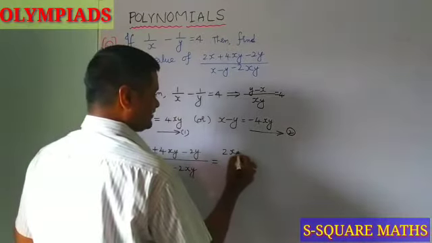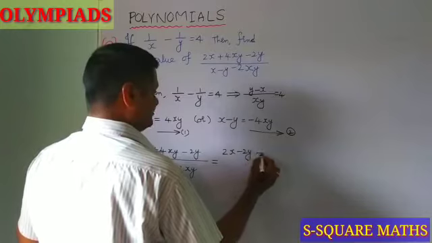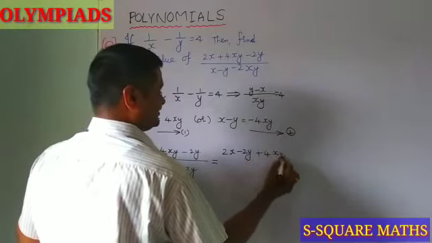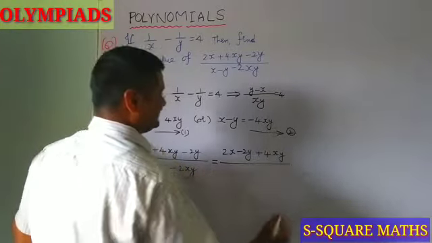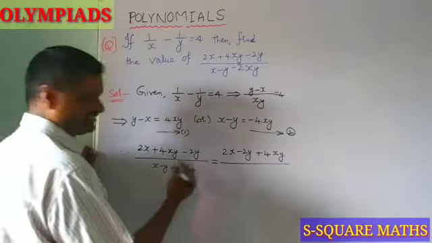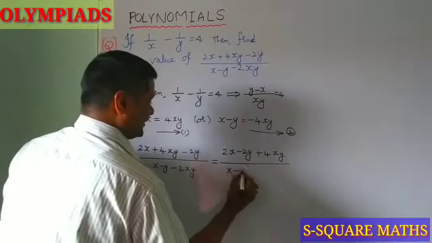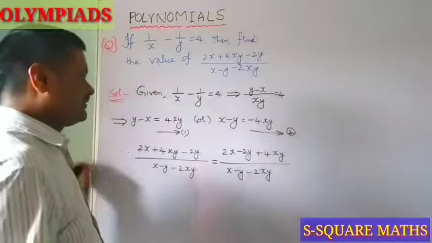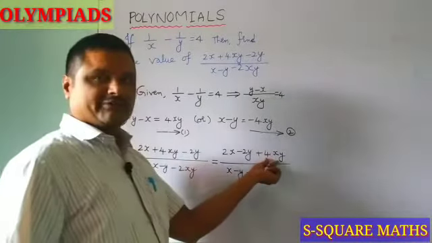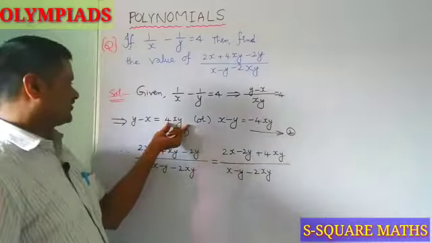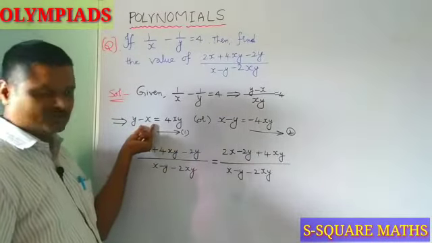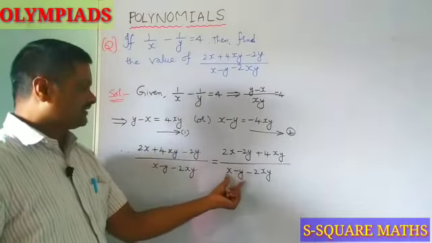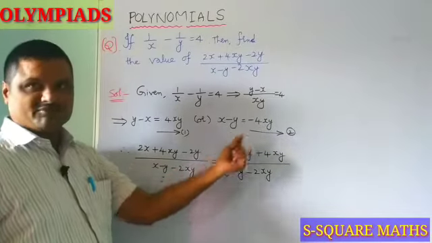So (2x minus 2y plus 4xy) by, here it is, x minus y minus 2xy. We have already got the value of 4xy, it is y minus x. Let us substitute here. And x minus y we will substitute as minus 4xy.